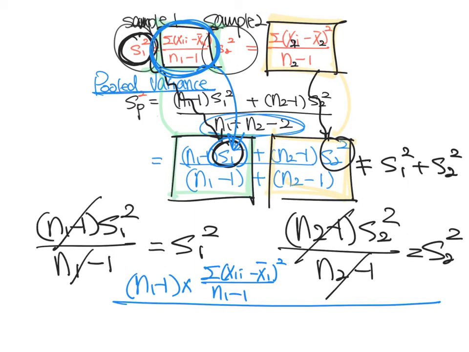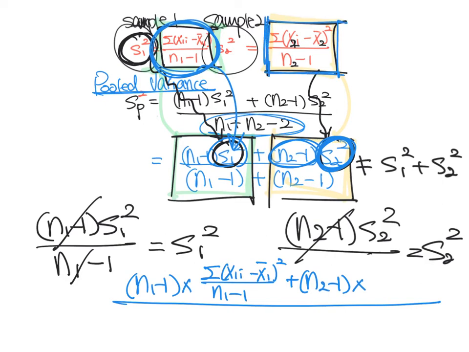I need a space. And here is n2 minus 1 times. Now I have to plug the S2 square.